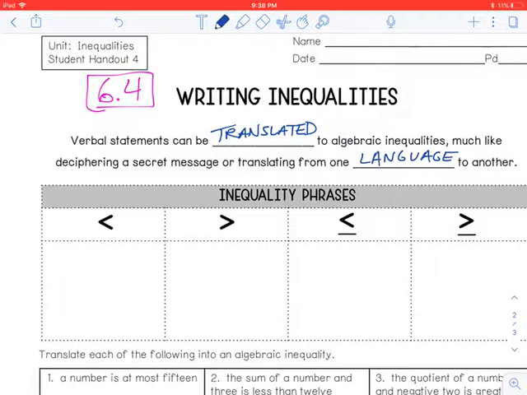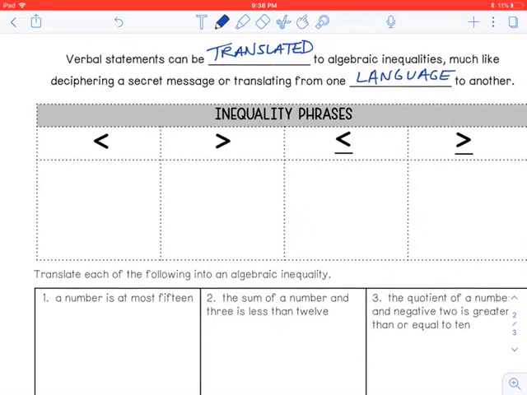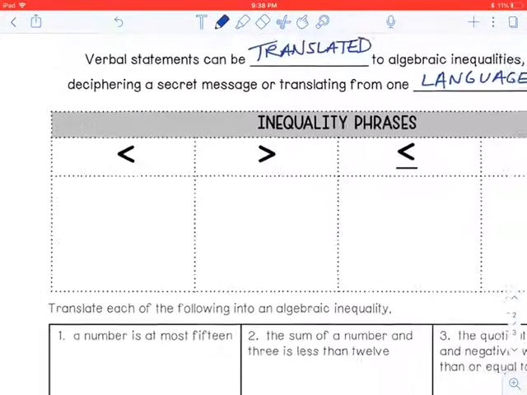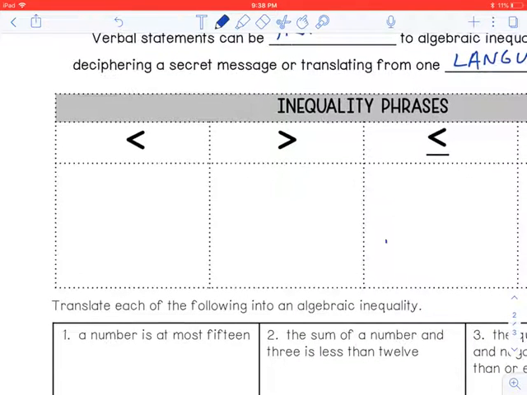There are certain words that mean some of these things. This first one is "is less than." "Is greater than."